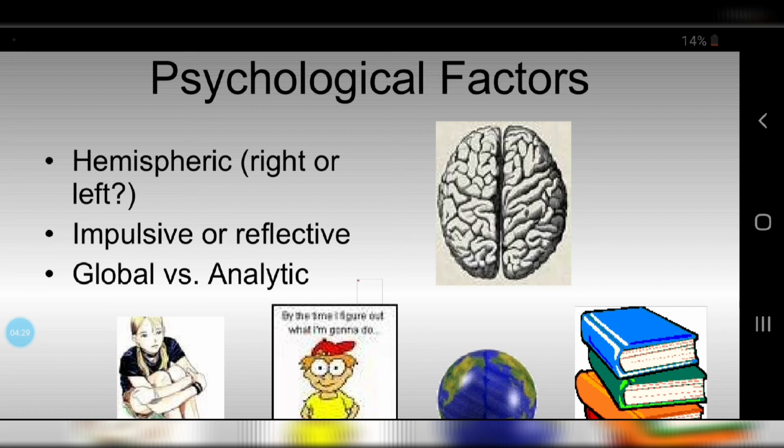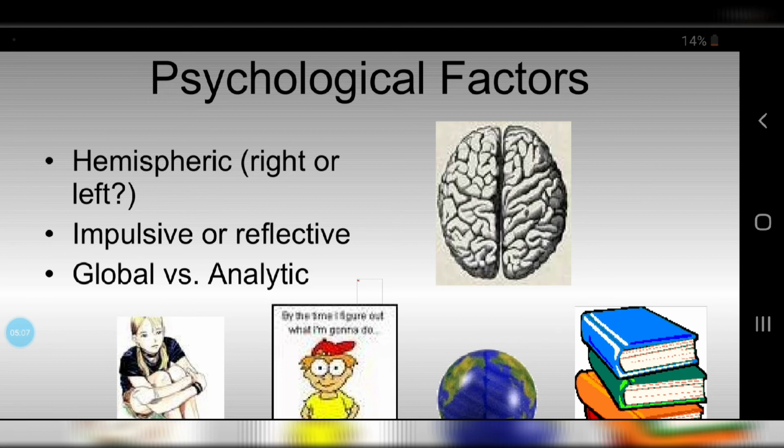Then their style as being impulsive or reflective, or are they global and not analytic? The hemispheric element refers to left and right brain processing modes. The impulsive versus reflective style describes how some people leap before thinking, and others scrutinize the situation before moving an inch.